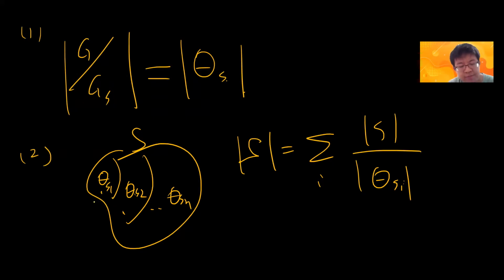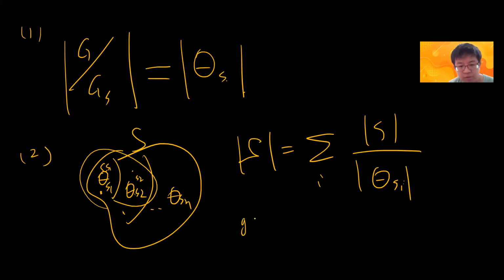Suppose this is orbit S1, and then this is S2. And I guarantee that if S1, S2 are different orbits, then there's no case where some element of the orbits meets together.